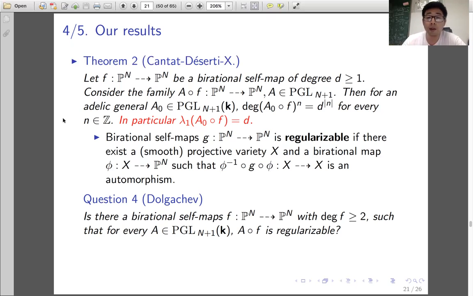It just means that you can conjugate your rational self-map to an automorphism on some projective variety.